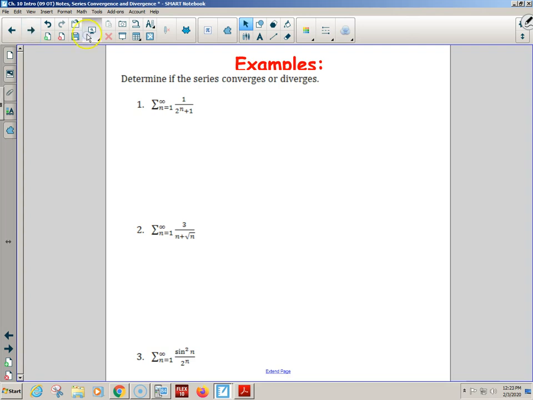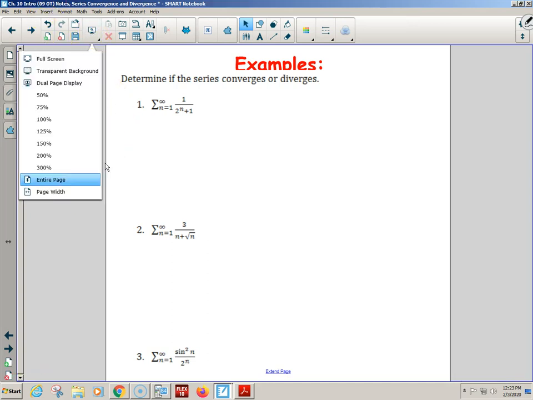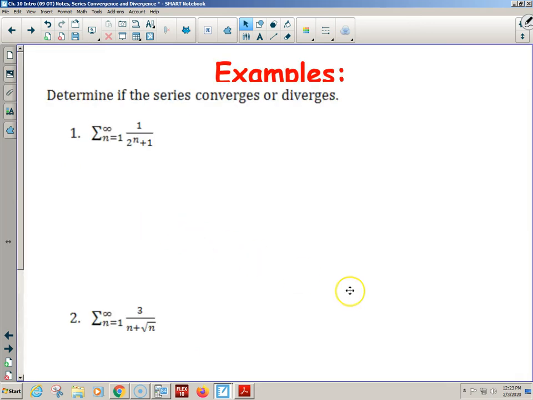Let's start off, and we're just going to go slow and steady, okay? Because some of these are really easy, and some of them are a little bit more tricky. So, number one. What does it look a lot like?